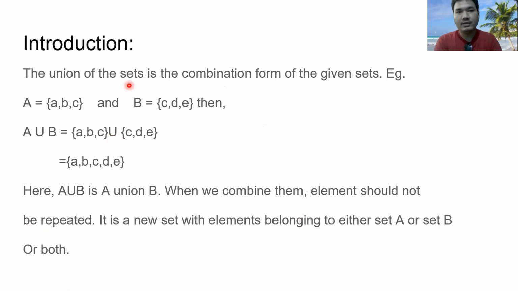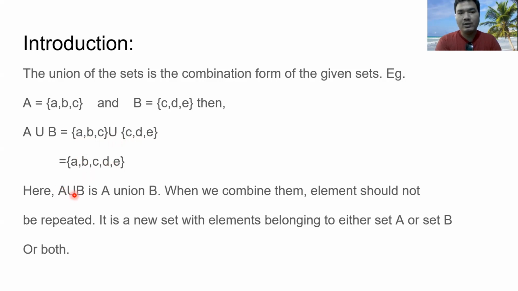The union of sets is the combination form of the given sets. Example, set A, B, C, and set B, C, D, E. Then A union B, write A, then union B right here. And when you write A union B, then we have to combine them: A, B, C, D, E. And while combining, we should not repeat the same element, okay?